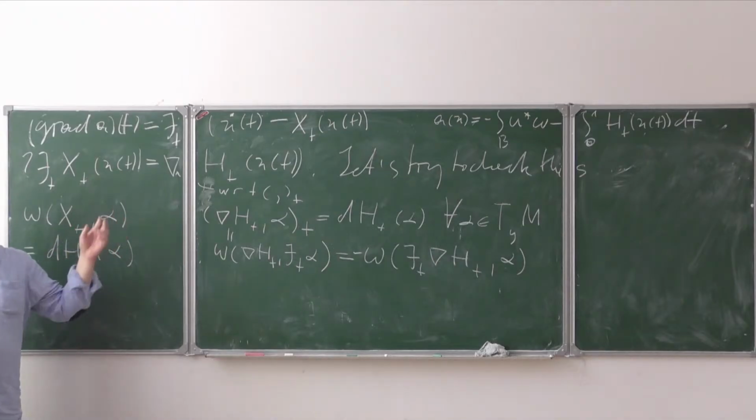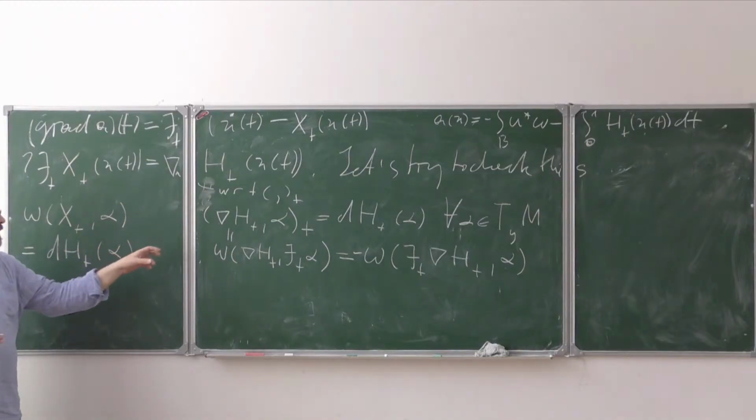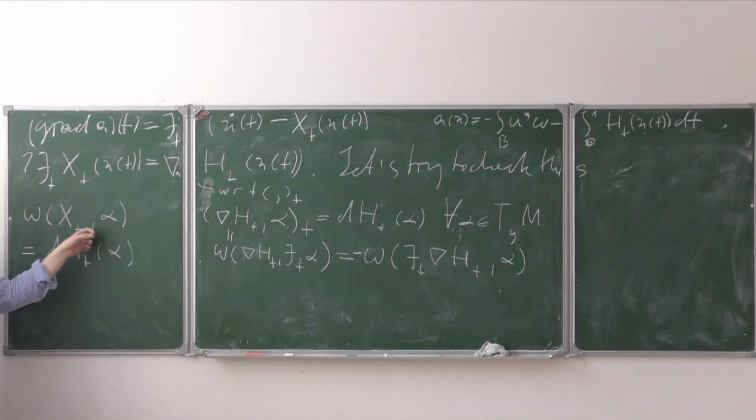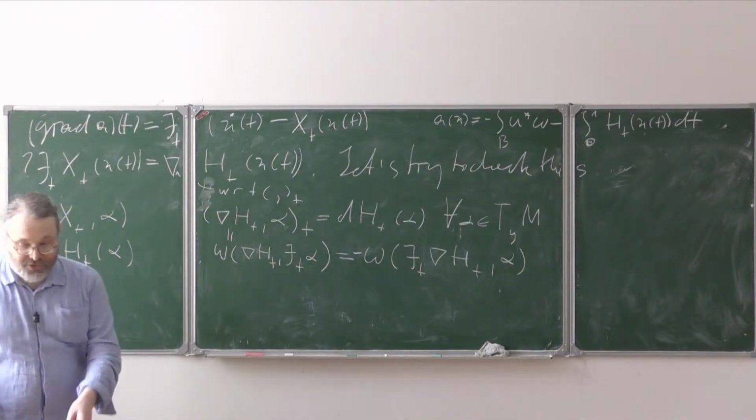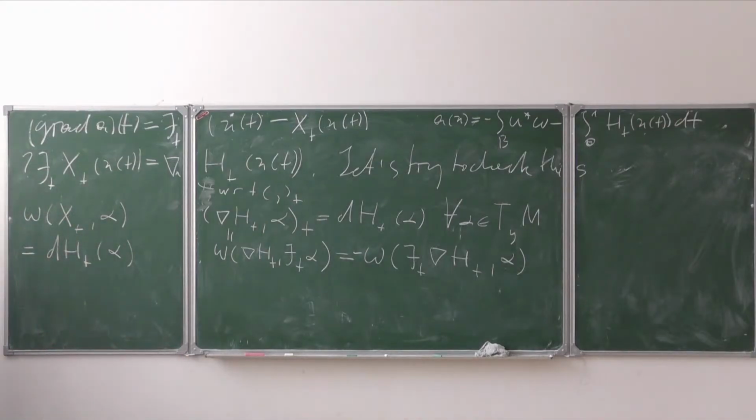Alpha again is an element of the tangent space to M at some fixed point. Okay, but by the way, is it a plus or a minus here? Depends on the author. Depends on the author. Okay. Well, let's see what Salomon prefers.